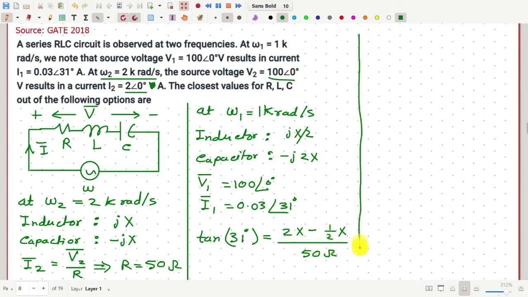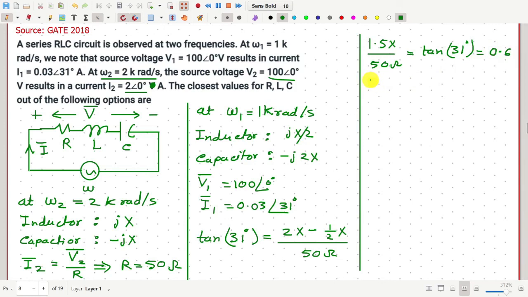From this we can write 1.5x by 50 ohm is equal to tan 31 degree, which is equal to 0.6.